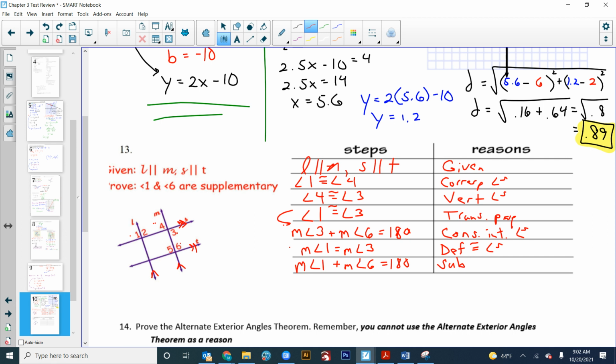And if 1 plus 6 equals 180, that means angle 1 and angle 6 are supplementary. That's the definition of supplementary angles.